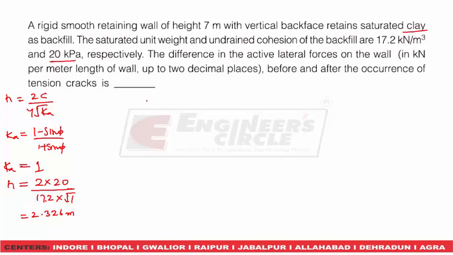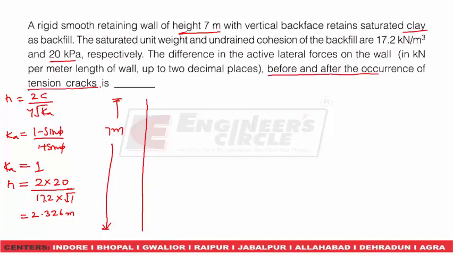Now coming to the arrangement, the height is 7 meter. So this is a total of 7 meter, and that is retained by backfill. There are two cases we have to consider, before and after the occurrence of tension crack.